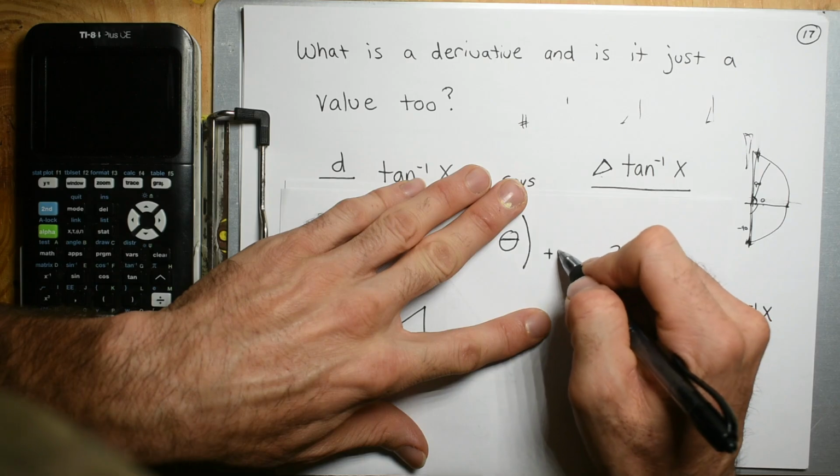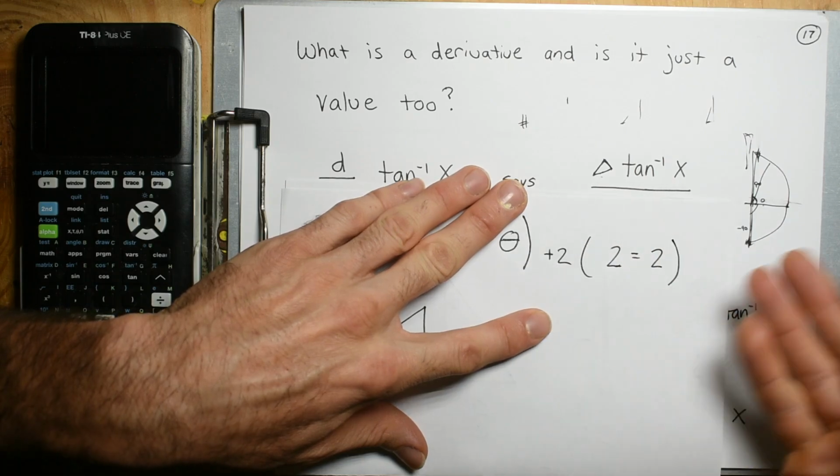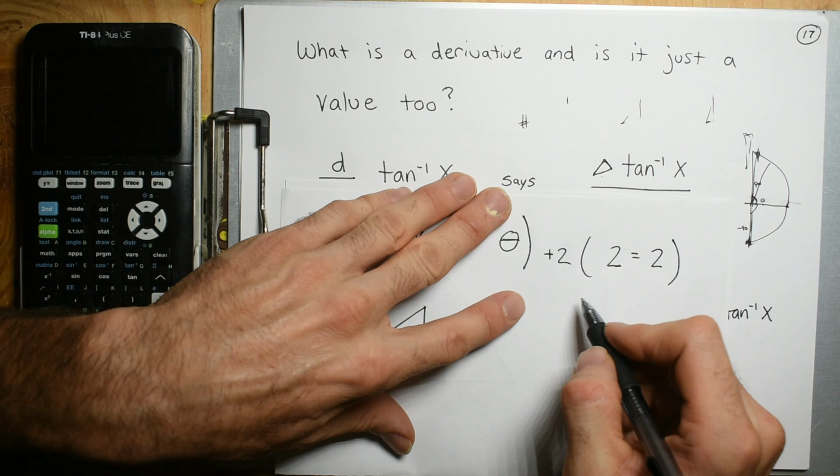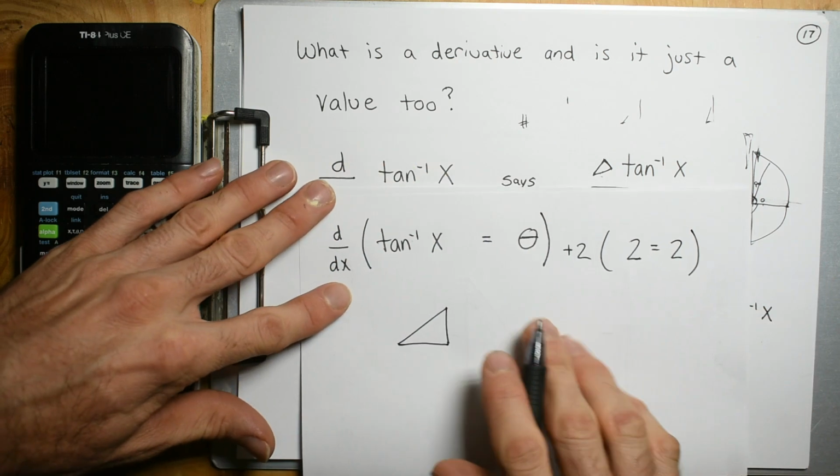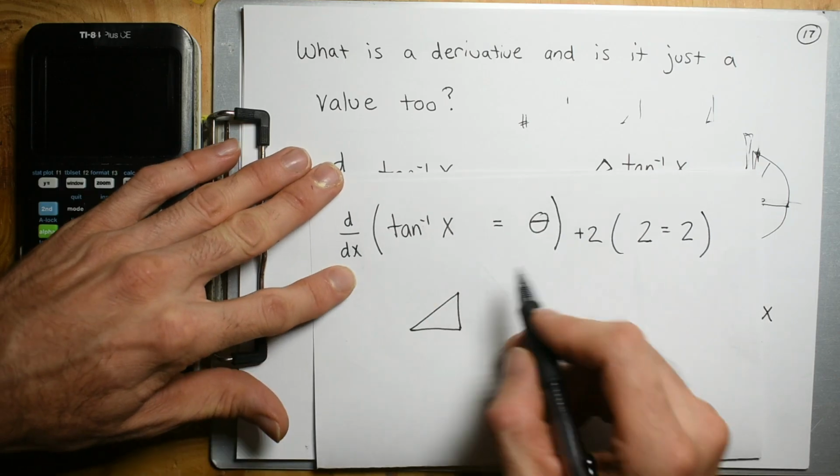I'm going to add 2 like this. I mean, I guess you're probably not going to do it like that. But then you're going to add 2 to both sides. And so that's what we're doing here. You're taking the derivative of both sides.